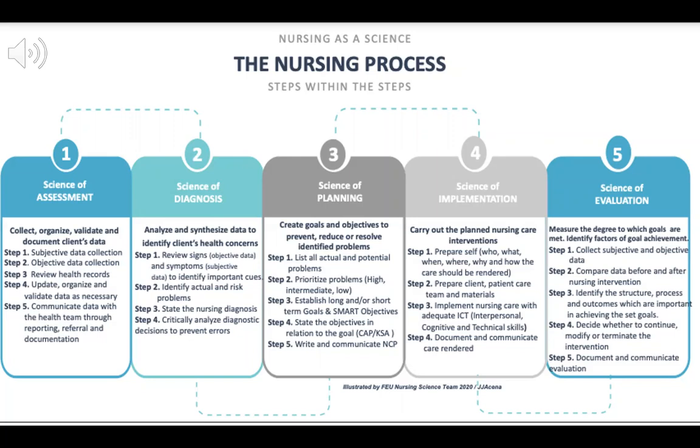You cannot accurately and appropriately identify a nursing problem if you do not conduct a thorough assessment. In the same manner, you cannot deliberately plan and identify goals and objectives if you haven't correctly identified the nursing problems that you need to address.